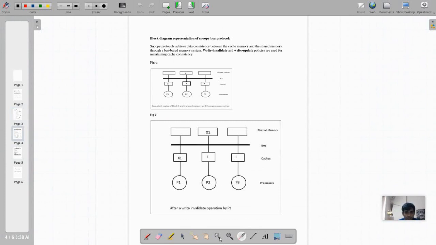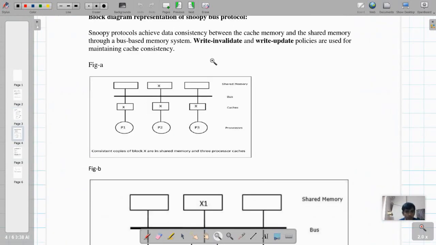So here is the diagrammatic representation of the same concept. Here you have three processors: processor 1, processor 2, and processor 3. And in your centralized shared memory, you have X. Now, this X at some point of time has been accessed by different processors.